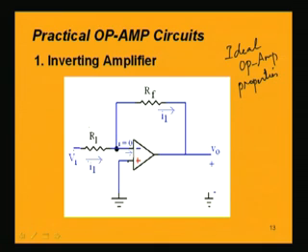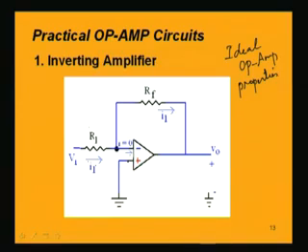But here we are applying a voltage V1 which through a resistance R1 is connected to the inverting terminal. Now, we will be using the first principle that there is no current entering into the op amp because of the infinite input resistance. That means what? The current which is flowing from V1, let us name it I1, cannot enter into the op amp.